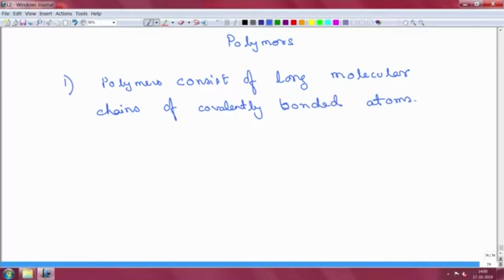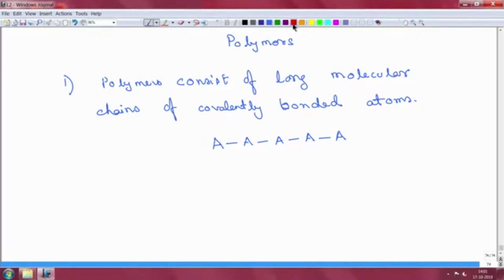And essentially the idea is that there is some structural unit, a unit of a polymer, let us just call it A for the time being, and this A is going to covalently bond with another A, and it is going to keep on going, and this becomes a polymer.